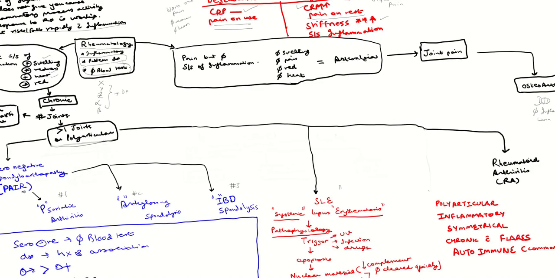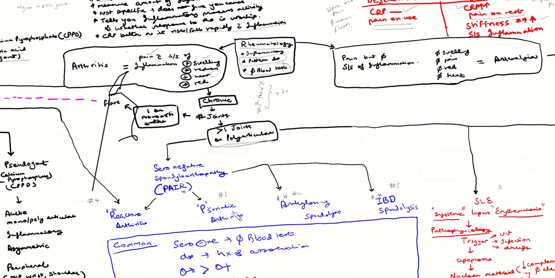And then I gave you a subdivision of seronegative arthropathies, which is PAIR: psoriatic arthritis, ankylosing spondylitis, IBD spondylitis, and reactive arthritis. And even though all 4 are in the same category, they are divided. Reactive arthritis is acute monoarticular arthritis, while the rest of them are chronic polyarticular arthritis.